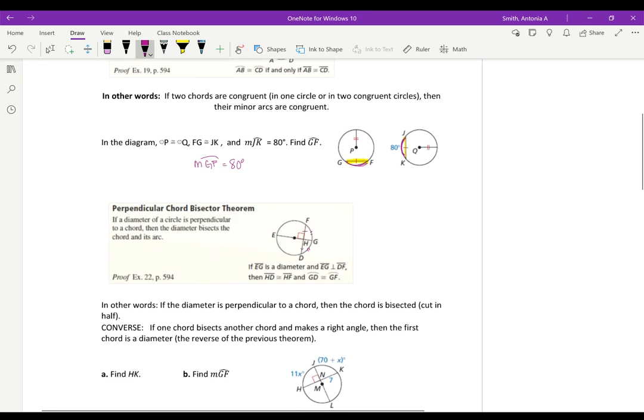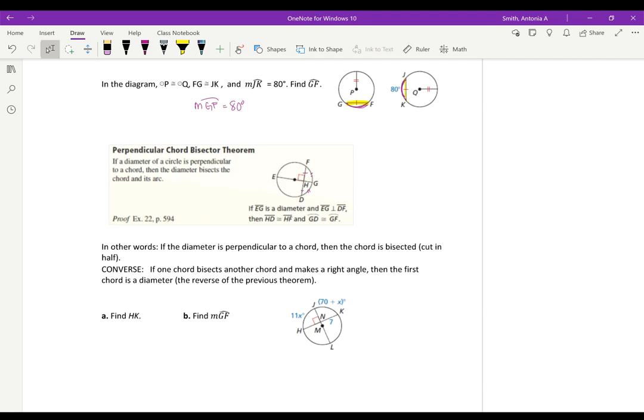Okay. Second theorem we're going to talk about is the perpendicular chord bisector theorem. It says if a diameter of a circle is perpendicular to a chord, then the diameter bisects the chord and its arc. So, sorry, I've drawn on here a little bit. So what this says is if the diameter is perpendicular to a chord, and remember perpendicular means it forms a 90-degree angle, then the chord is bisected or cut in half.